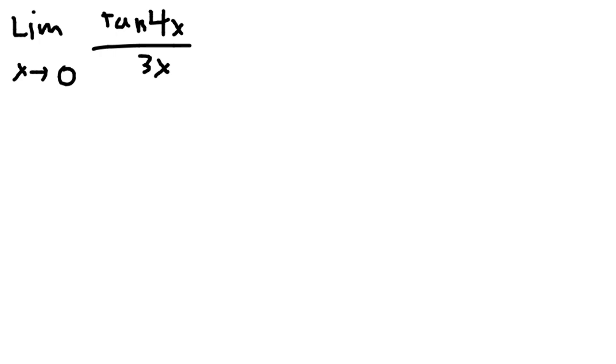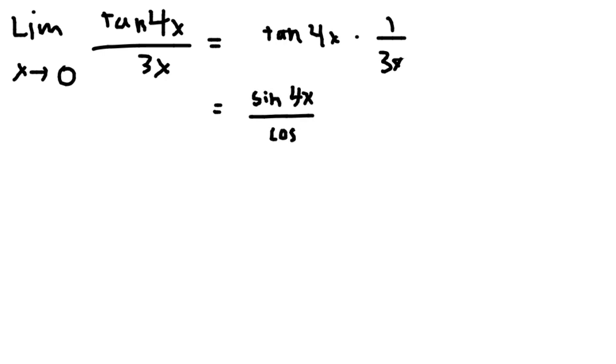Now let's try this harder problem. What's the limit of the function tan 4x over 3x as x approaches 0? This is almost the same as earlier. We're going to separate it in two and take it into its trigonometric identity.